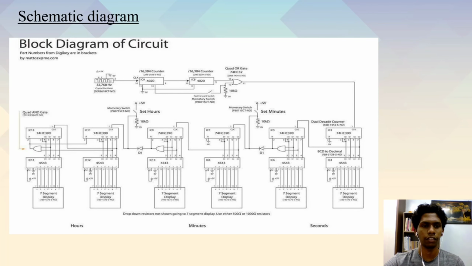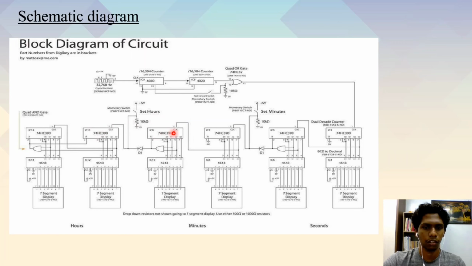Finally, we have the schematic diagram for the digital clock. As you can see here, we are using a 5 volt power supply through the crystal oscillator. It will go through the 2 counters which I mentioned earlier, counter number 1 and counter number 2, and then through a quad OR gate, and then through the 6 dual decade counters, which will set the time, which is the hours, minutes and seconds for our digital clock.